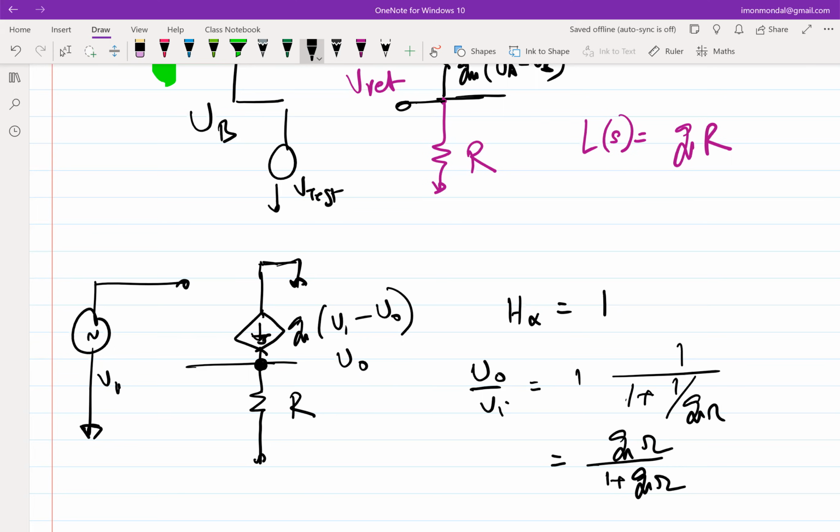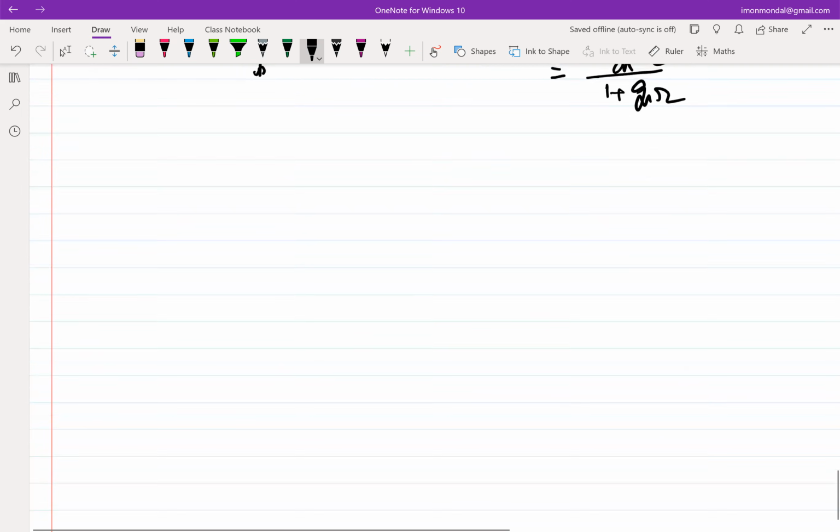Okay, so now let's get back to our total transistor model, or rather the quiescent plus incremental model.